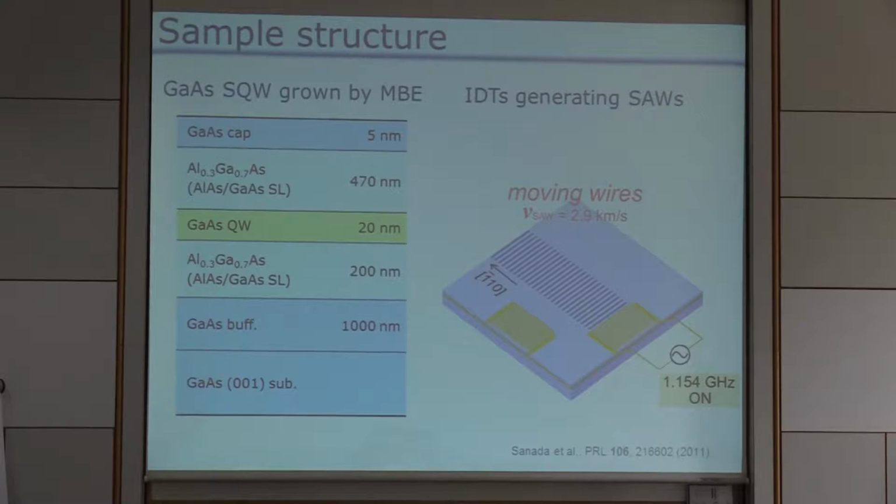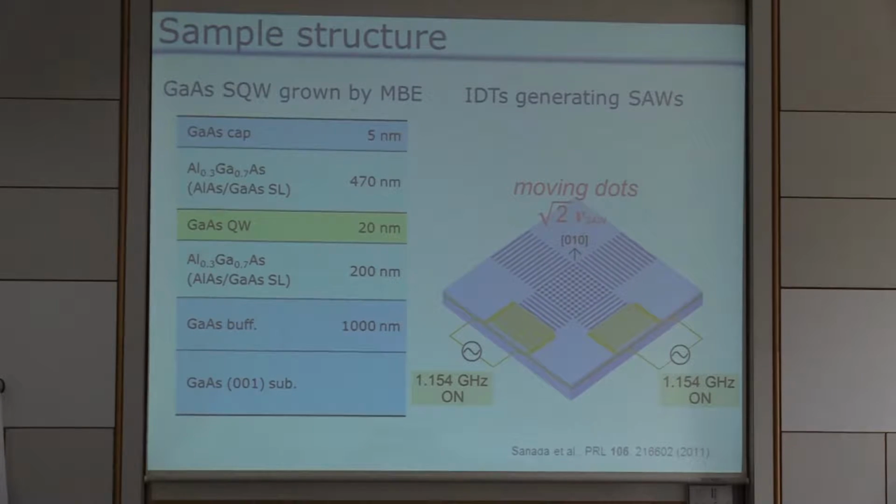When we apply a 1 gigahertz signal to the IDTs, we can propagate the acoustic wave along the 1-by-1 direction, which produces a wire-like potential with a velocity of 2.9 kilometers per second. If we apply the signal to this other IDT, it produces the acoustic wave along the 1-by-1 direction.